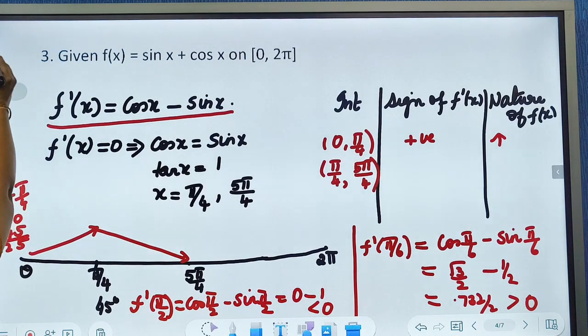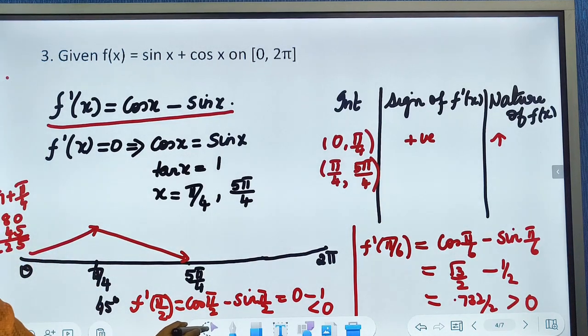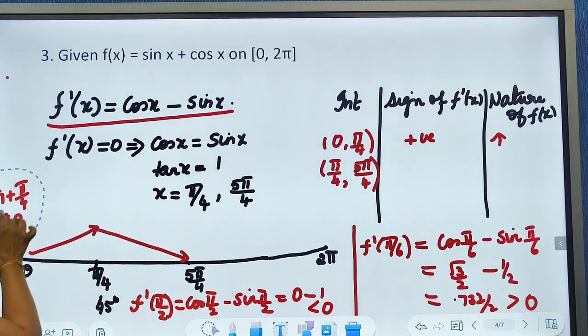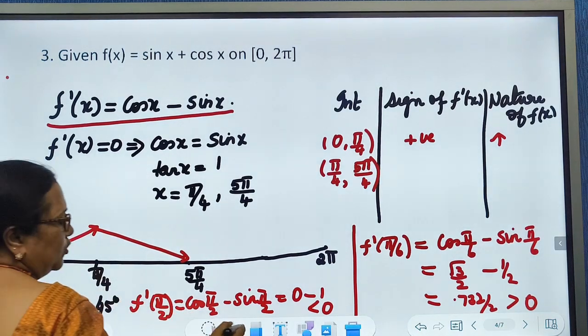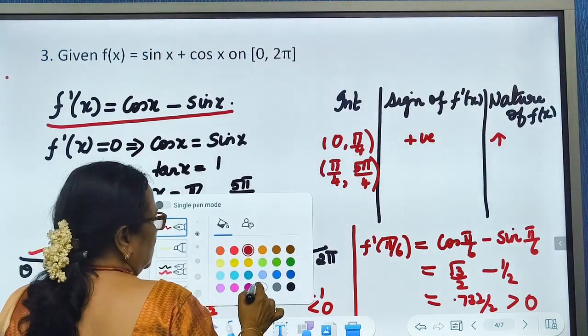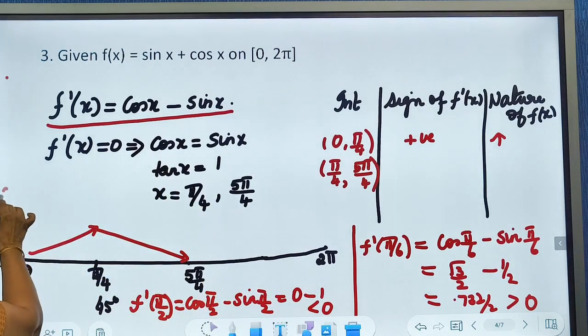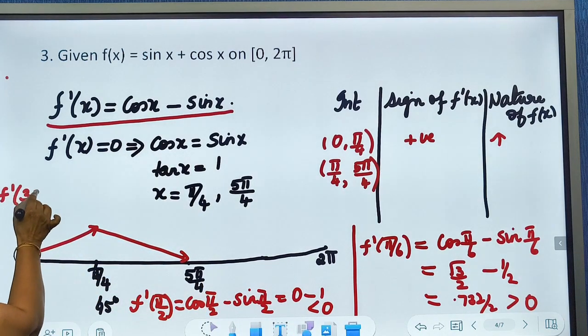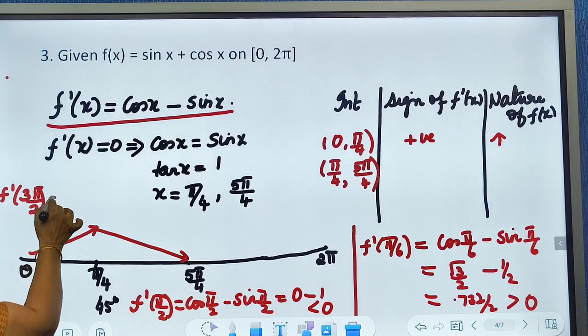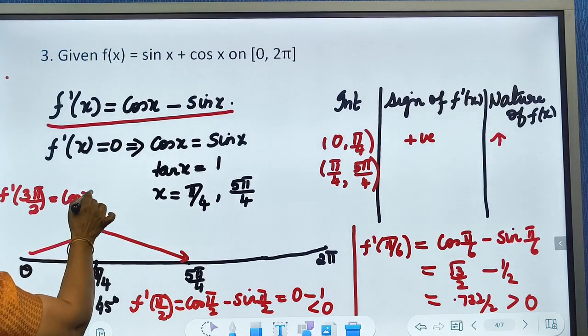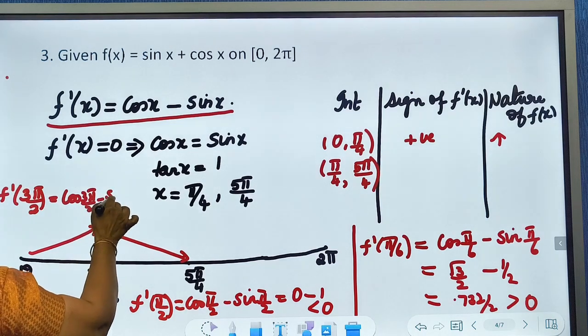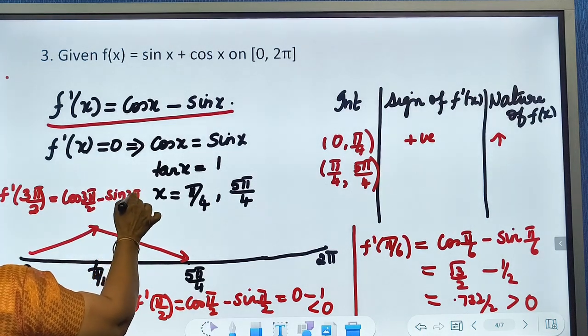It will be cos 3 pi by 2 minus sin 3 pi by 2.